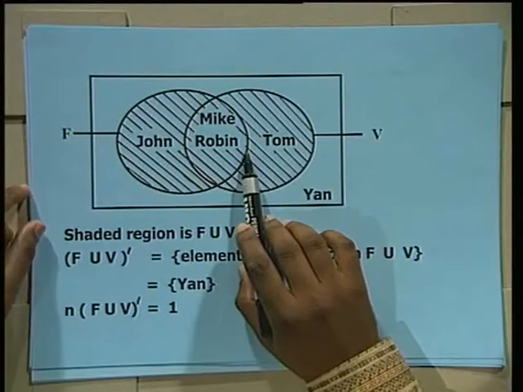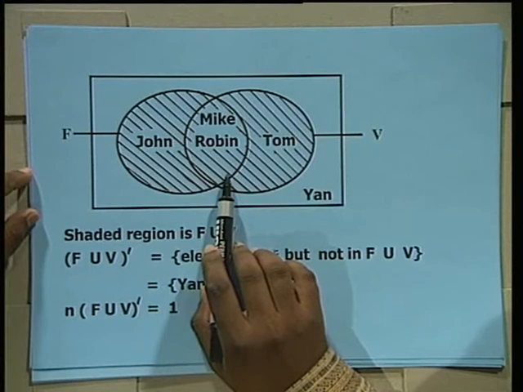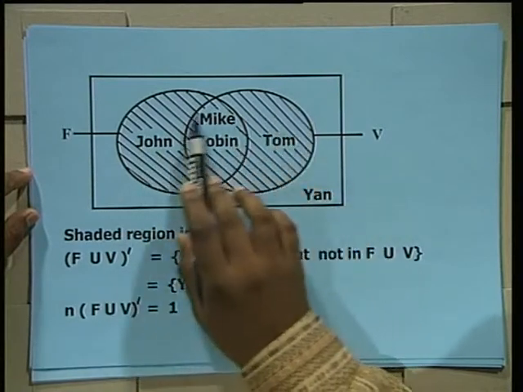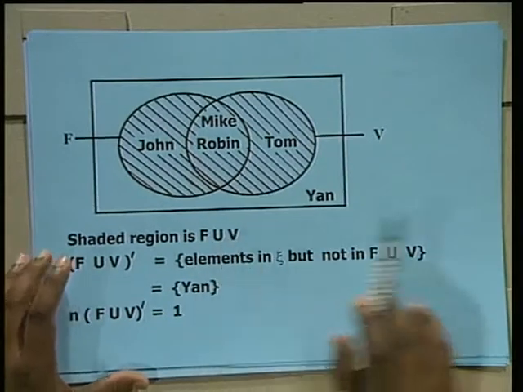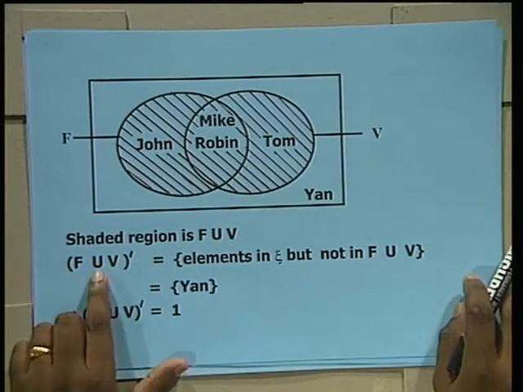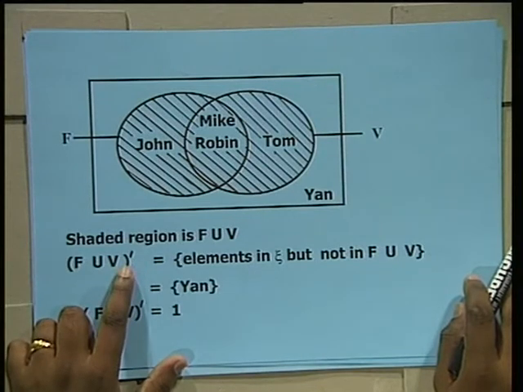And we are going to illustrate the set F union V on a Venn diagram. The shaded region represents F union V. That is, F and V taken all together. We also have the set F union V dash, that is, F union V complement.